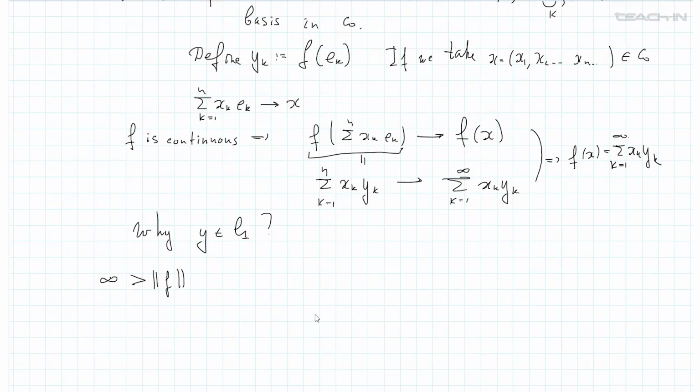You know that our functional is bounded, so its norm is finite, and this norm equals to this. It's a supremum over the unit ball, but it is greater or equal the result of action of our functional on such sequence.